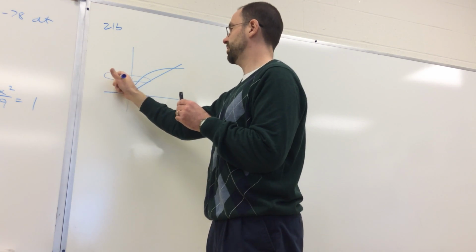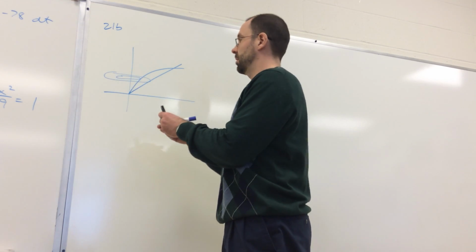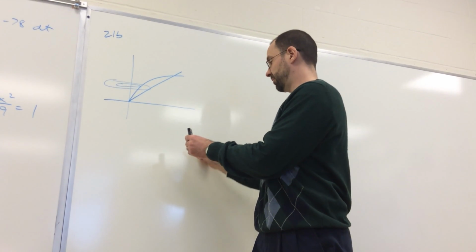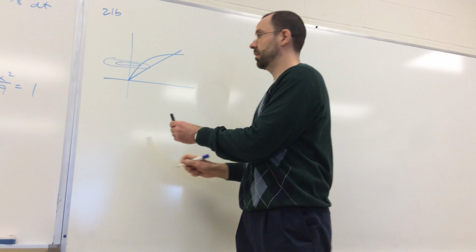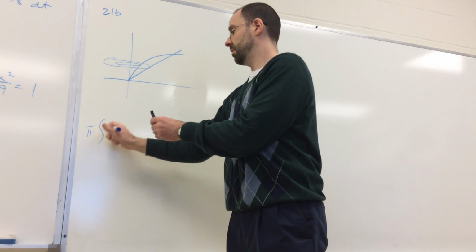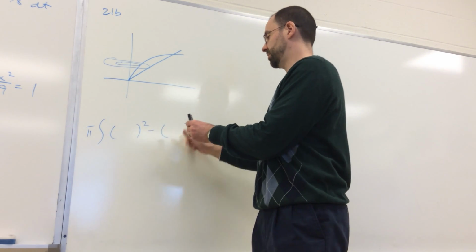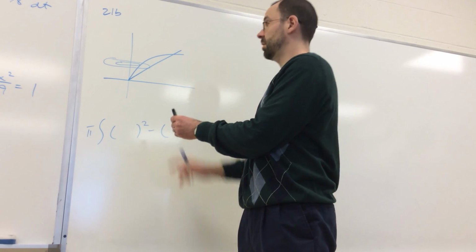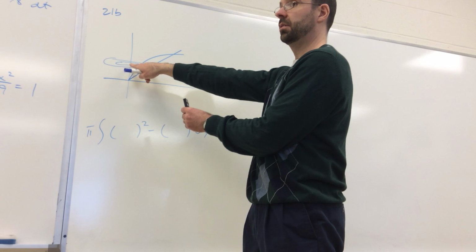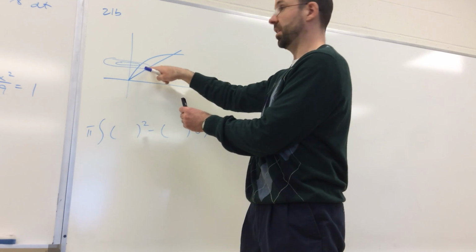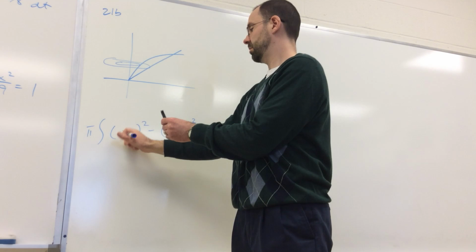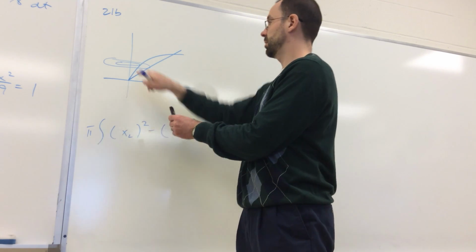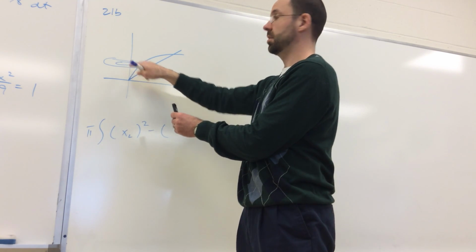So there's a cross section. So it's dy for height. And it's R squared minus r squared. And this is an x value on the line. This is an x value on the curve.